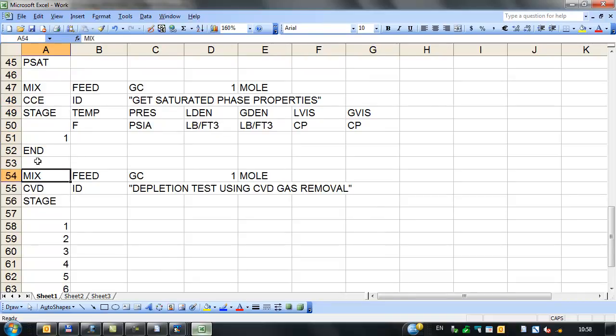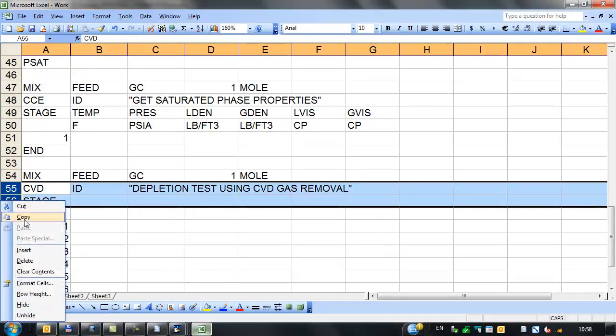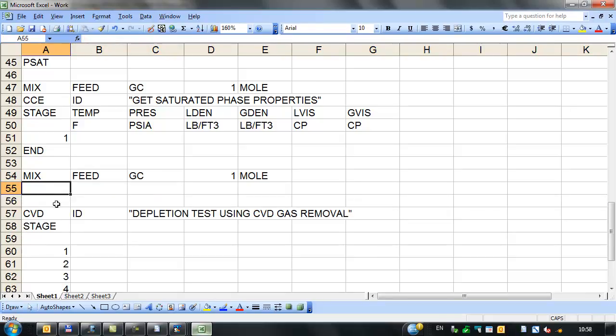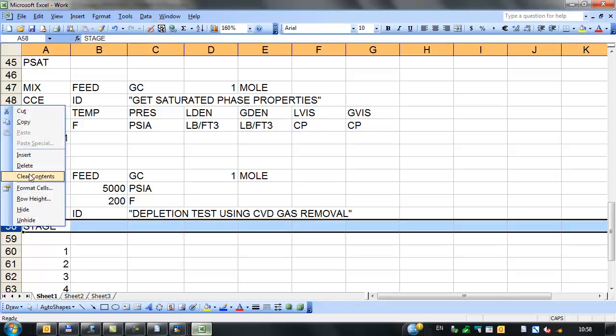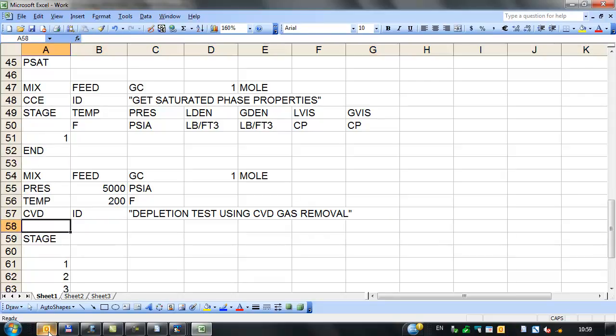What we want to do here is have our reference pressure and temperature, the initial conditions in the reservoir. Temperature is 200 Fahrenheit. And in fact, we can say that the PVT cell contains as much material as the reservoir model.